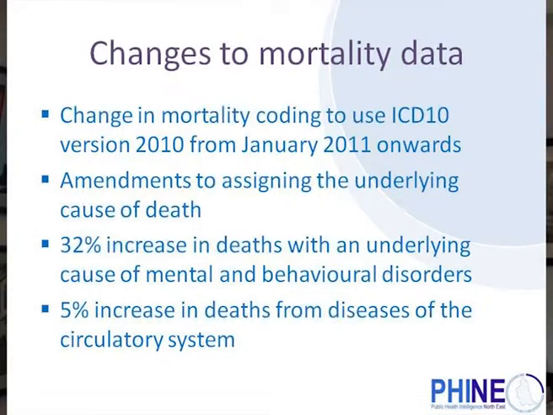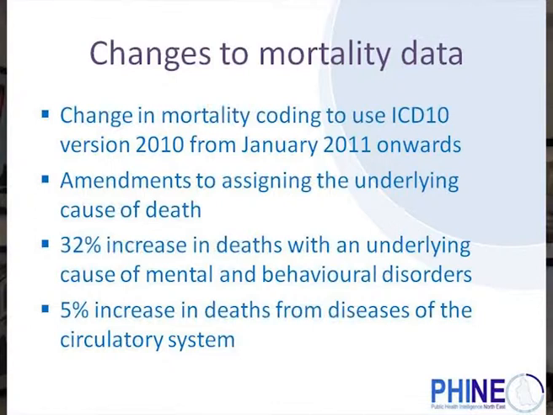So it's been updated, and from January 2011 it started to be used in deaths data. So a lot of the aggregated data that we look at is annual data. And we'll probably get the 2011 annual data coming out fairly soon. So it's just to flag up that there are some things that have changed and that might have implications when we're looking at time trend data.